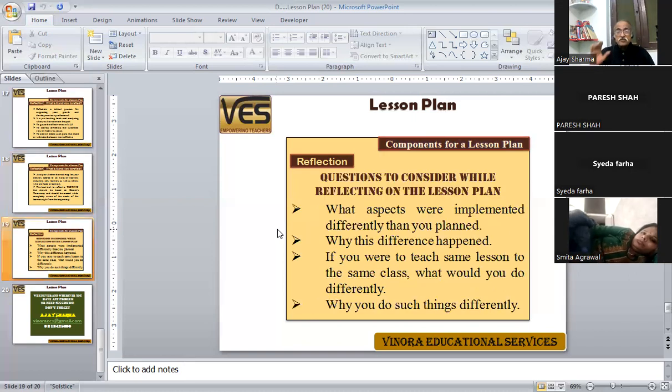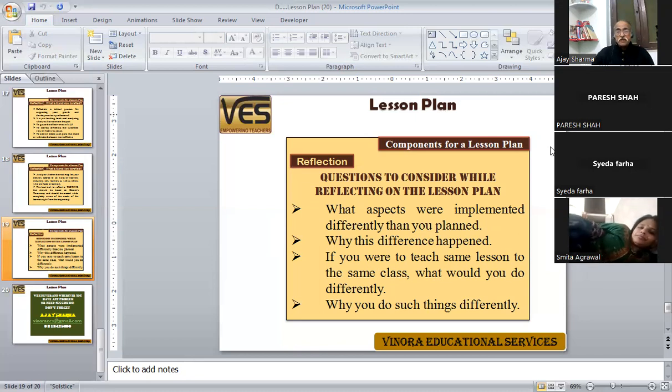Now, questions to consider while reflecting on the lesson plan. First one is, what aspects were implemented differently than you planned? I should have done this, but it was not done. So how should it have been done? That is the major part.